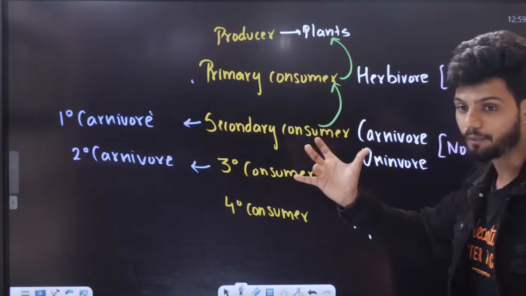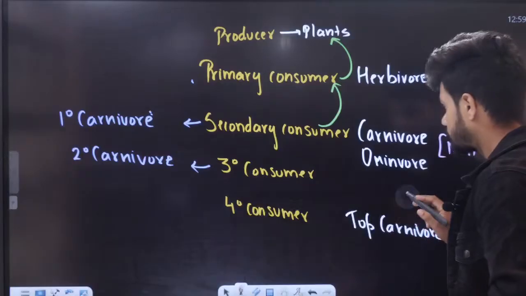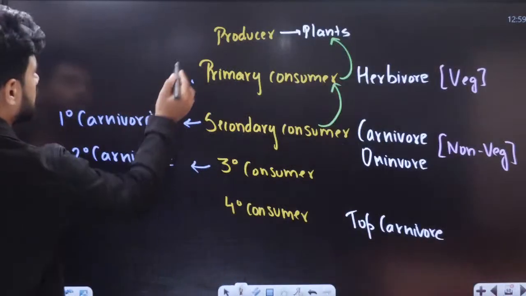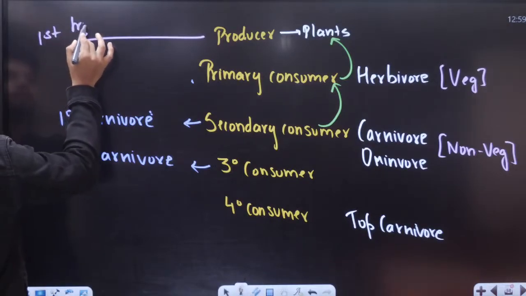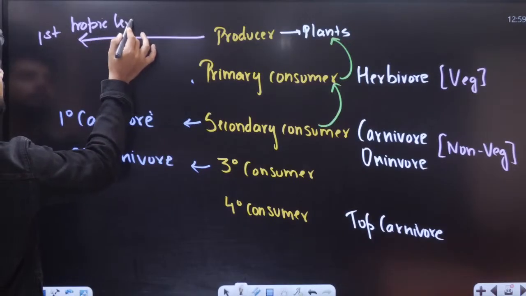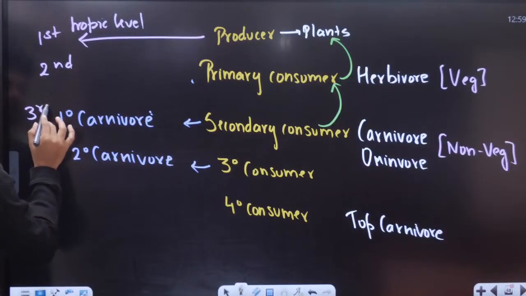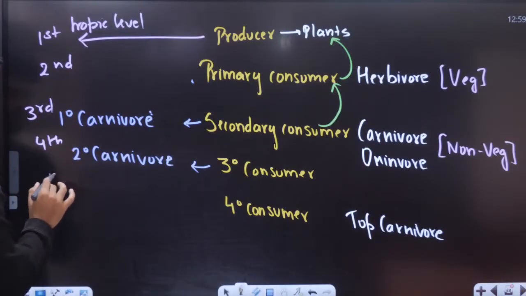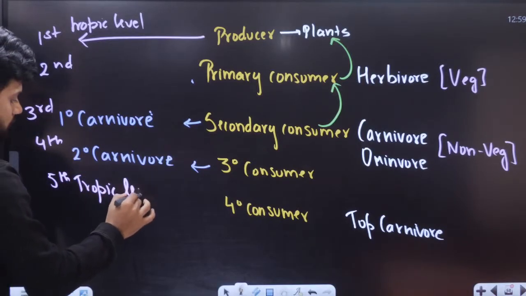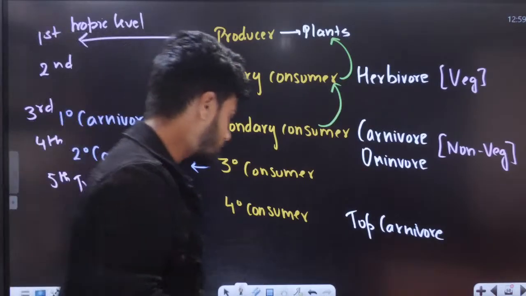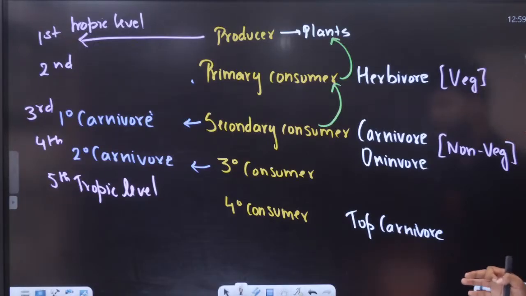Now I'll add one more layer to it. Understand? One more layer. This is first trophic level. This is second trophic level, third trophic level, fourth trophic level, and fifth trophic level.